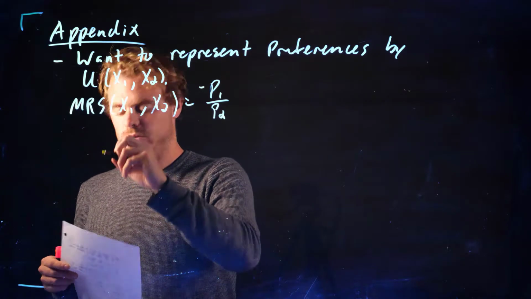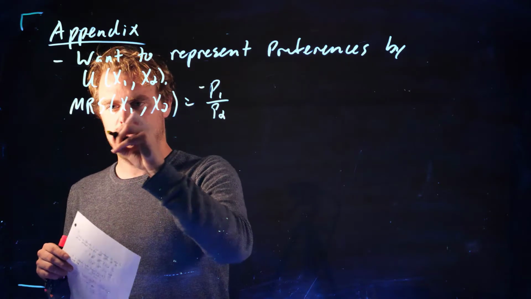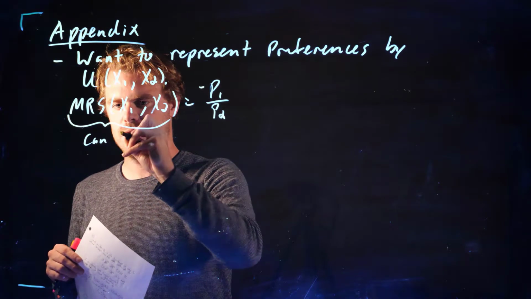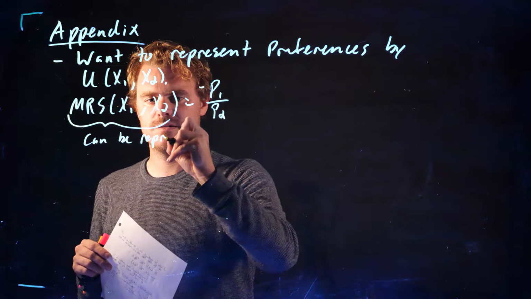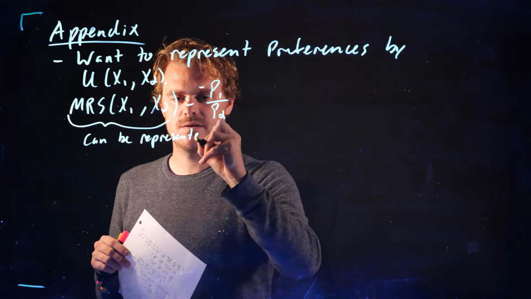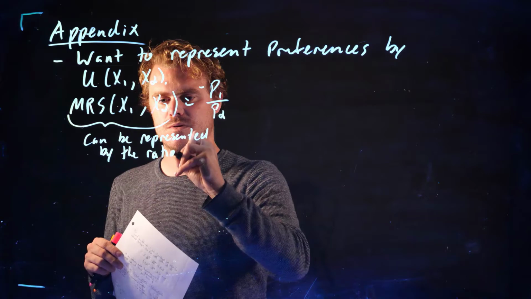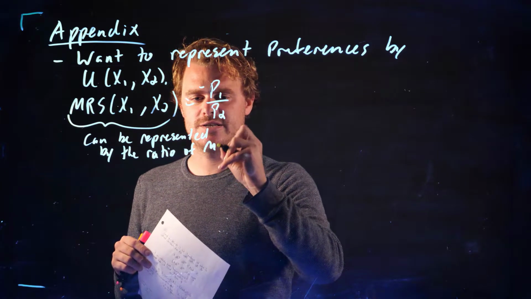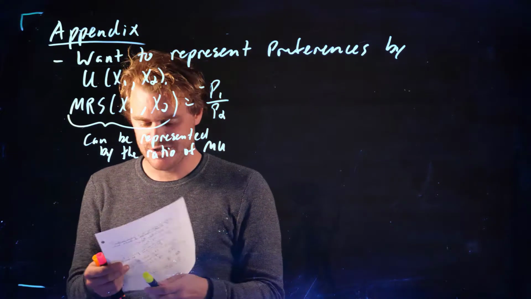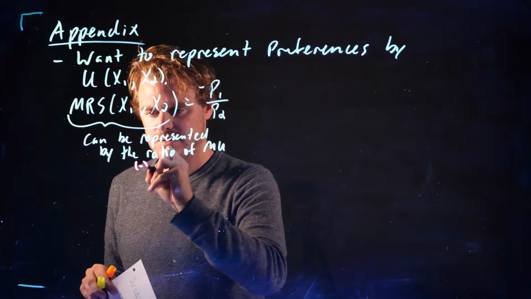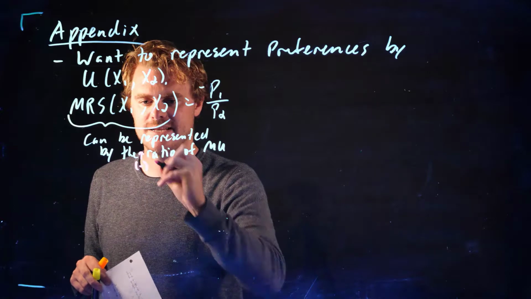Well, we know that the MRS can be represented by the ratio of marginal utilities. It's really the negative ratio of marginal utilities, so I'll put negative in brackets.